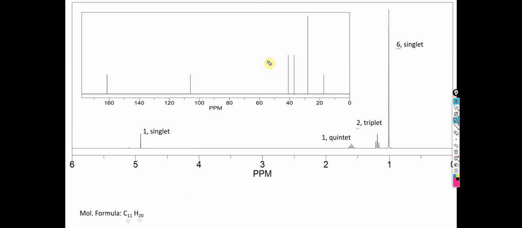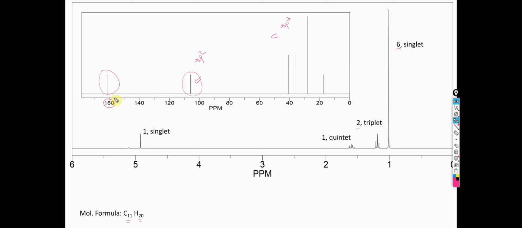So what the C13 tells you here is you have 4 aliphatic carbons, which means carbons that are sp3 hybridized, okay, and 2 carbons that are sp2 hybridized. Now both these carbons could be alkene carbons, or this could be an alkene carbon and this could be an aromatic carbon, right? This is definitely an alkene carbon because it is close to 100, 110, whereas this one is above 150. So then based on the ppm values, you might say that this could either be an aromatic compound or an alkene carbon.